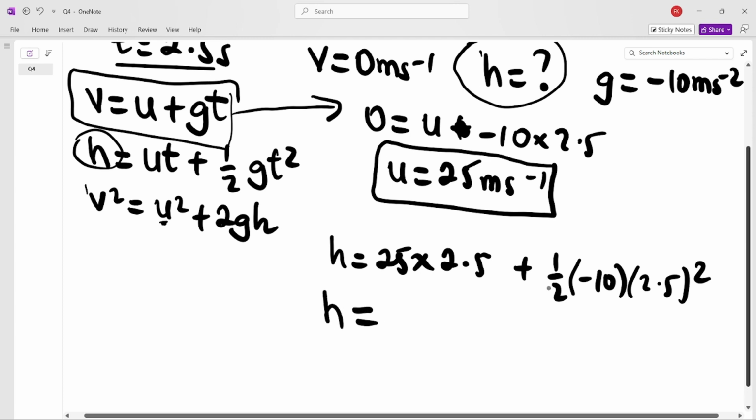This one gives us what? Who is trying it with the calculator?